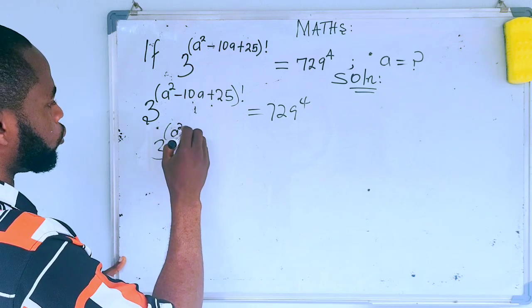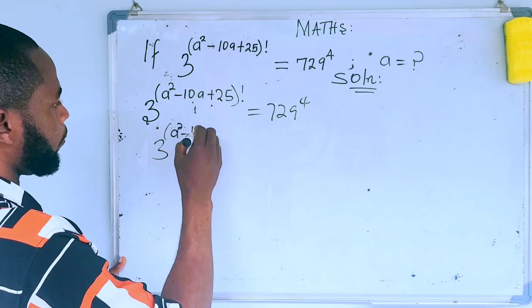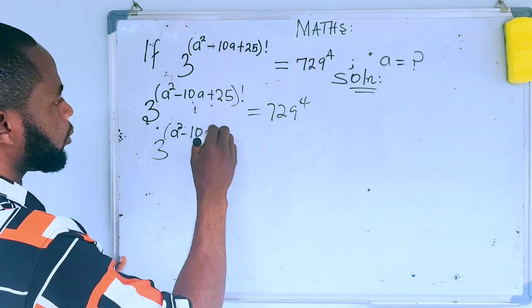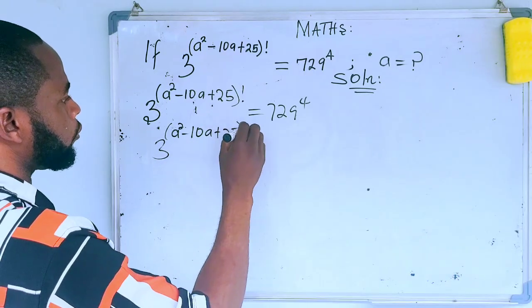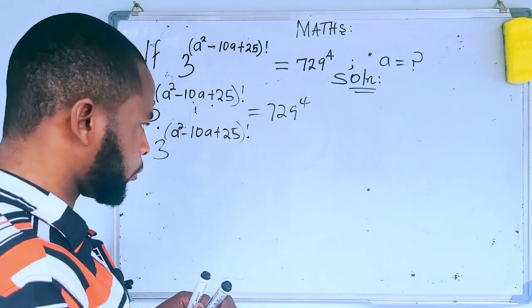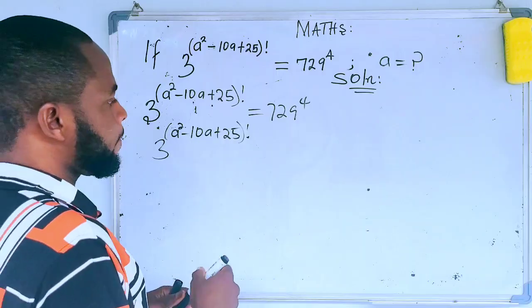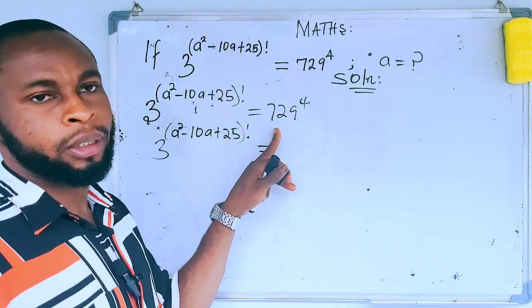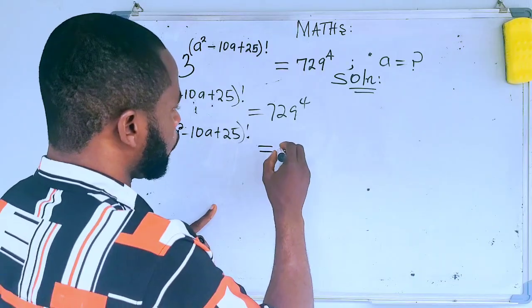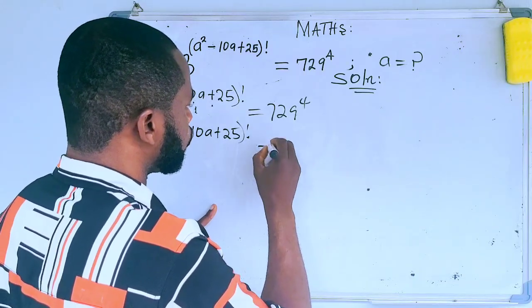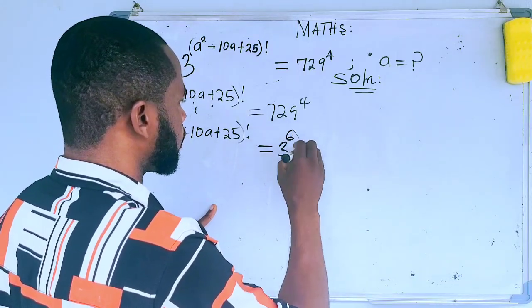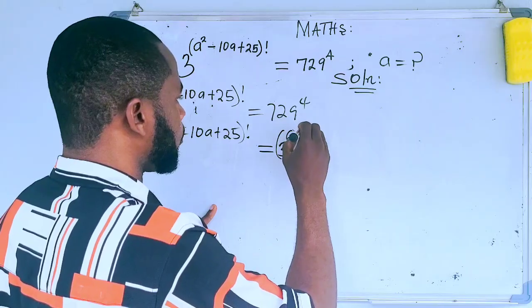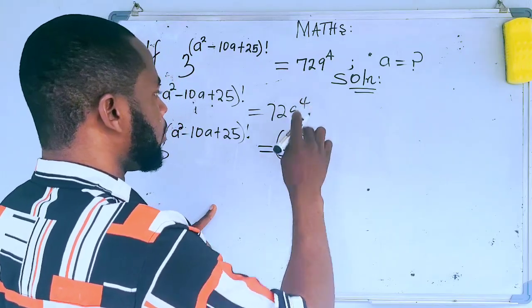a to the power of 2 minus 10a plus 25 factorial equals 729 in base 3, which will give you 3 to the power of 6, then multiplied by the already existing power of 4.